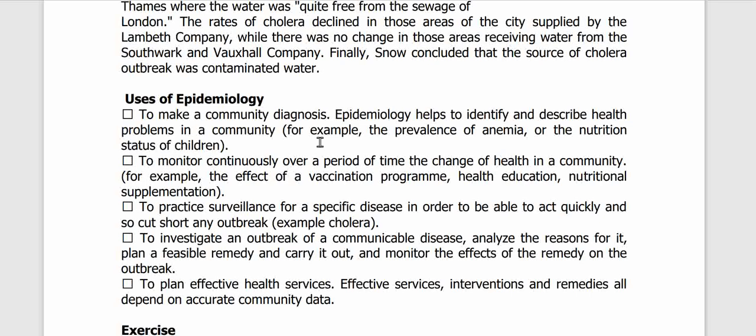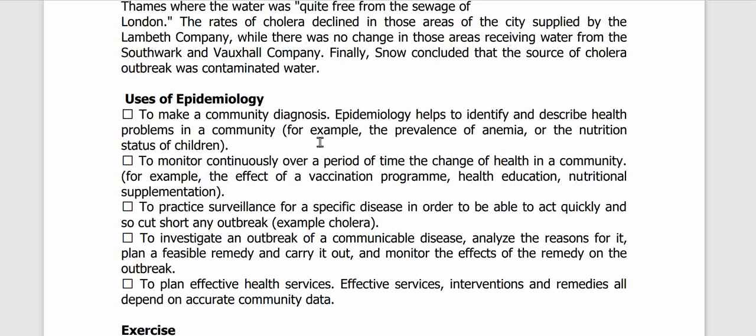For example, it will explain the prevalence of anemia. When I talk about prevalence, I am referring to existing cases. It can also describe the nutrition status of children. How many children do we have with malnutrition in our community? And what could be the solution for that?